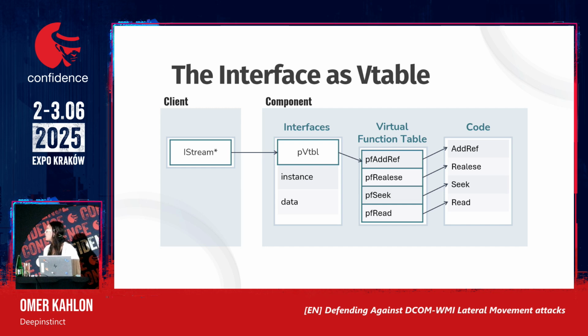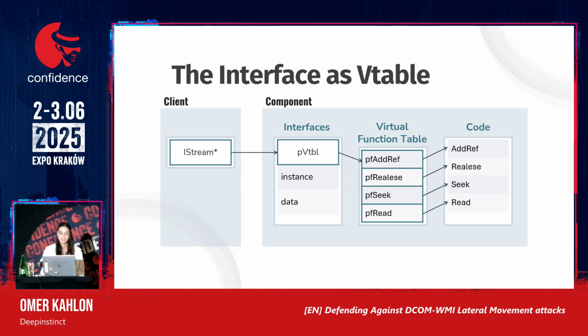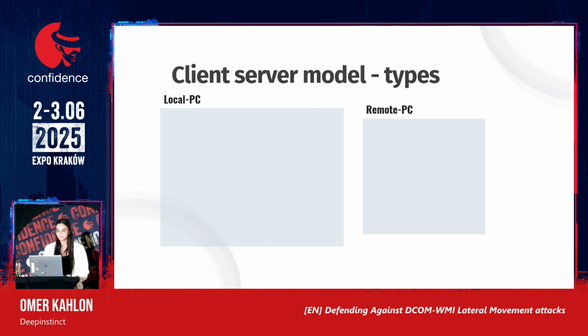Okay, so a COM interface is implemented in C++ as a pointer to a vtable. A vtable is a struct built like an array, and each entry of it holds a pointer to a specific method the interface provides. The communication between COM objects is based on clients and servers.